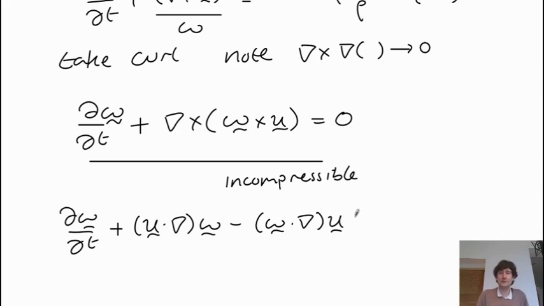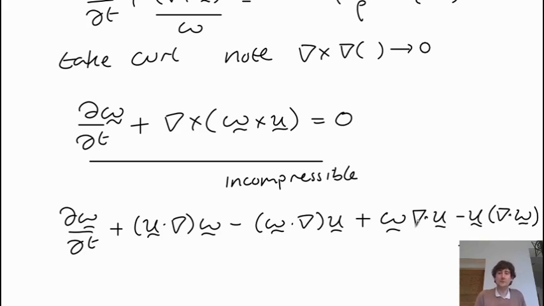And then we have the compression terms, so we have an omega times a divergence of u minus a u times divergence of vorticity. And now this whole thing is obviously equal to 0, it's the right hand side.